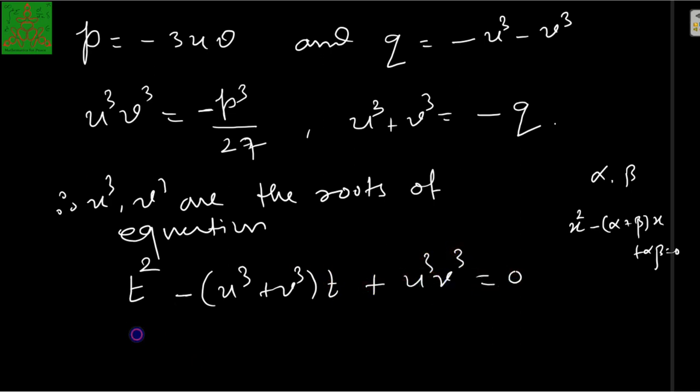So therefore this is t square, and u cube plus v cube is minus q, so that is plus q t, and u cube into v cube is minus p cube by 27, equal to 0. This is the quadratic polynomial we have.